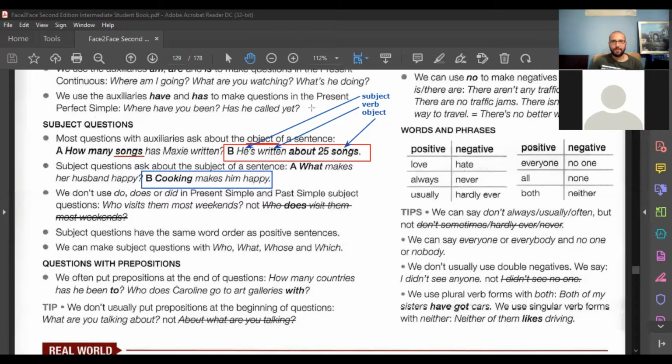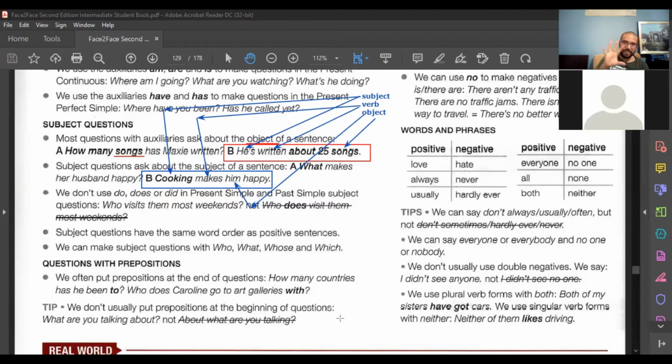The subject is cooking. Correct. Happy is an adjective. The object is him.